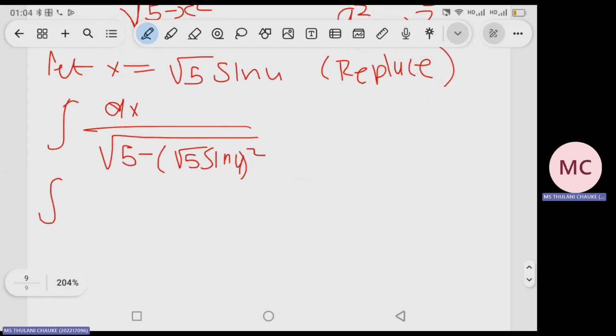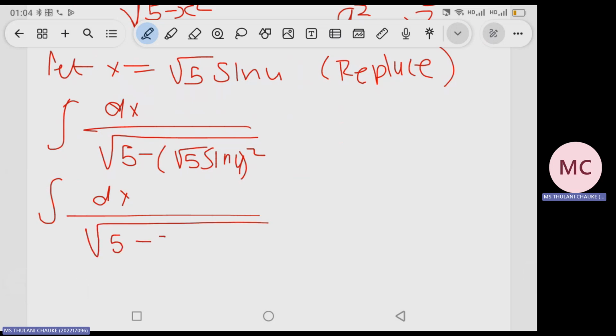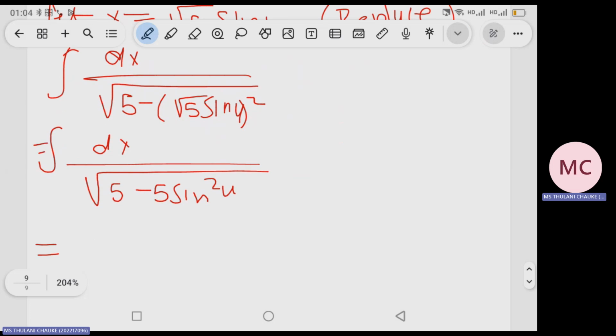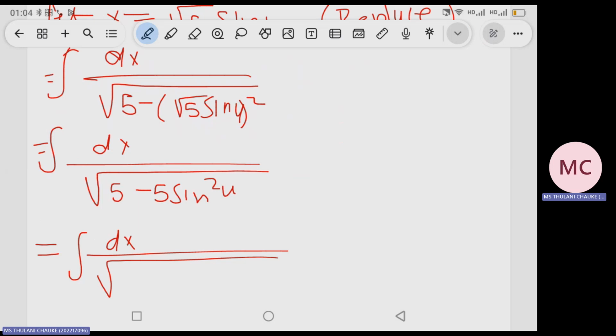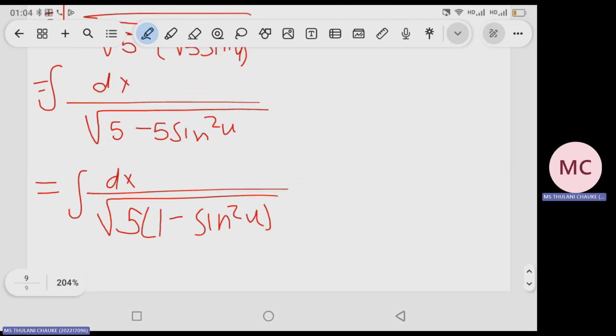This will be the integral of dx all over the root of 5 minus 5 sine squared u. I take out 5, and I'll have 1 minus sine squared u.